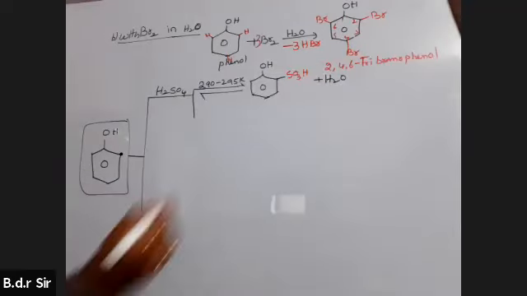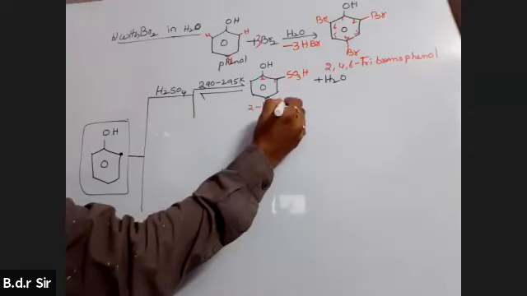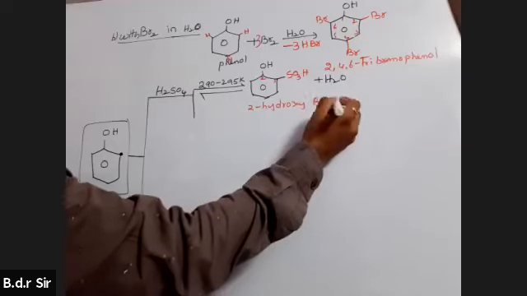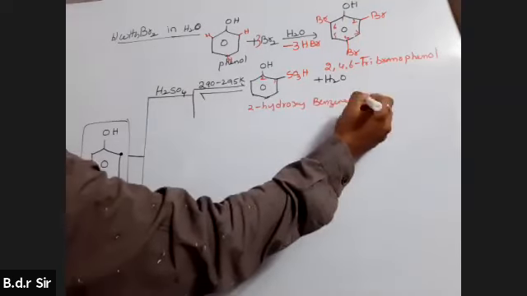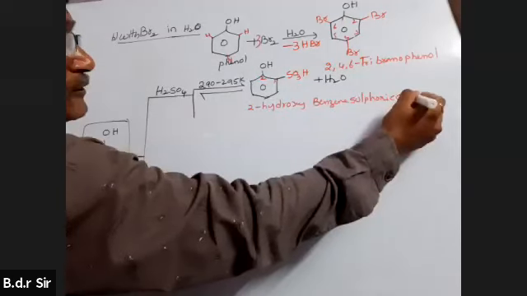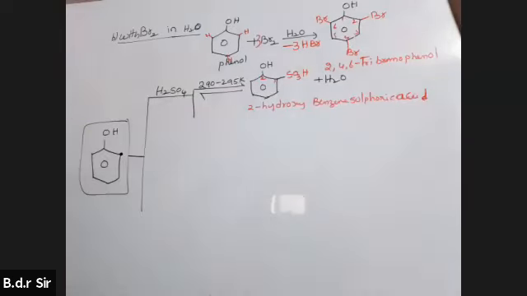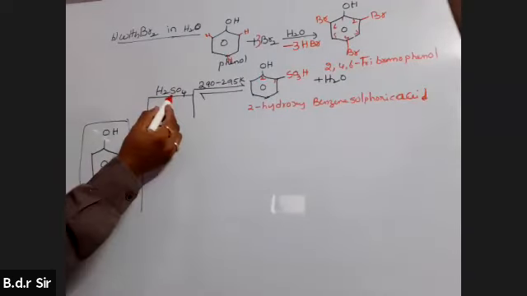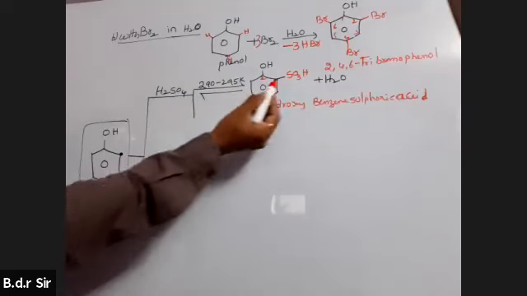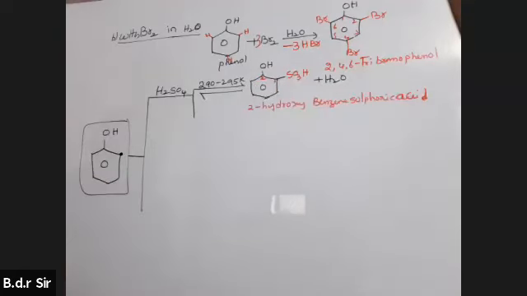What is the name? 2-hydroxybenzene sulfonic acid. I repeat, phenol reacts with sulfuric acid at 290 to 295 Kelvin, giving rise to 2-hydroxybenzene sulfonic acid.